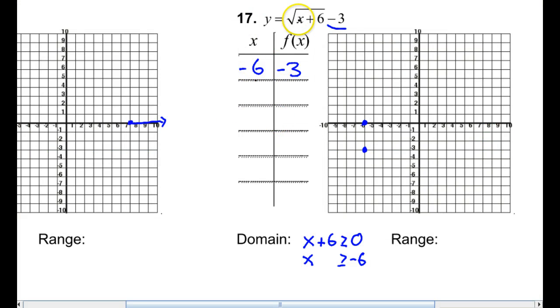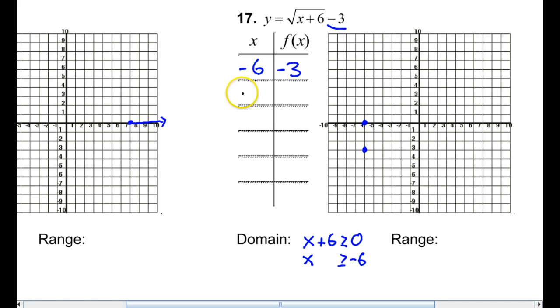Pick other numbers that are maybe a little bit nice, but you might need a calculator to get a decimal here. So don't hesitate to use a calculator to get some more values. Let's see here. What's another good number? -3. Why -3?